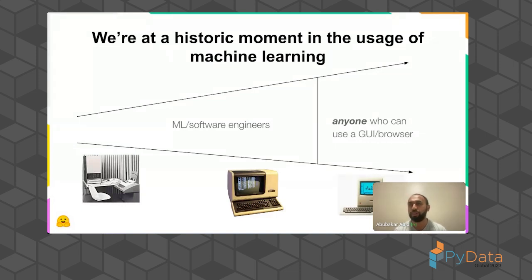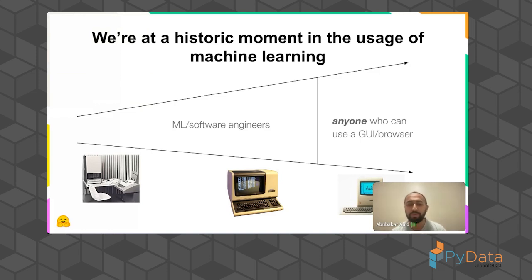Anyone can use it through a GUI. We've seen many examples of that: things like Dolly Mini, Stable Diffusion, ChatGPT. All of these machine learning models go viral because they're actually used and intended to be used by all of us. Anyone really, not just machine learning specialists, but anyone who can use a GUI or a browser.